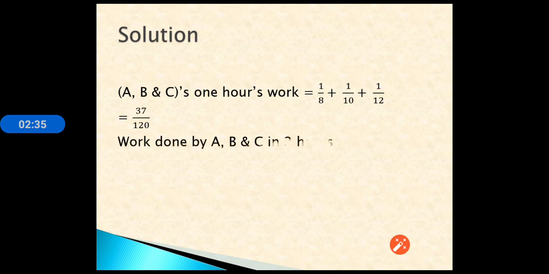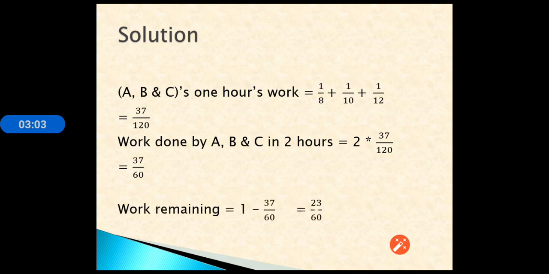Now we all know that A, B and C work for 2 hours because machine A will stop after 2 hours. Therefore, work done by A, B and C in 2 hours will be 2 multiplied by 37 by 120, which will give you 37 by 60.